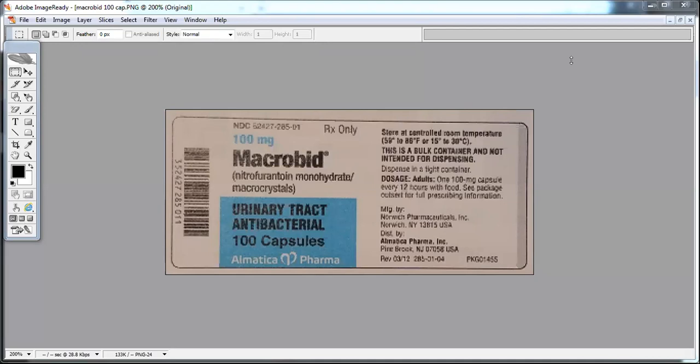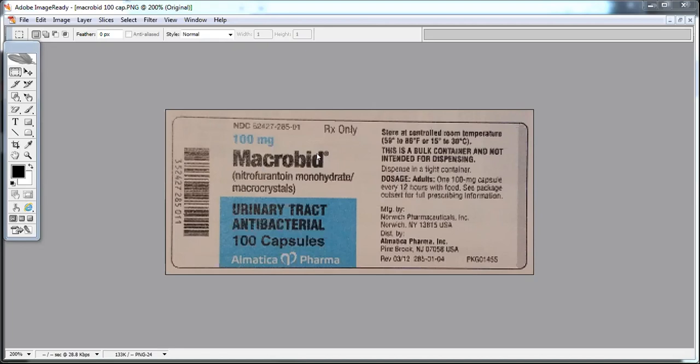So the first thing it's asking you for is the brand name. So what's the brand name of this label?